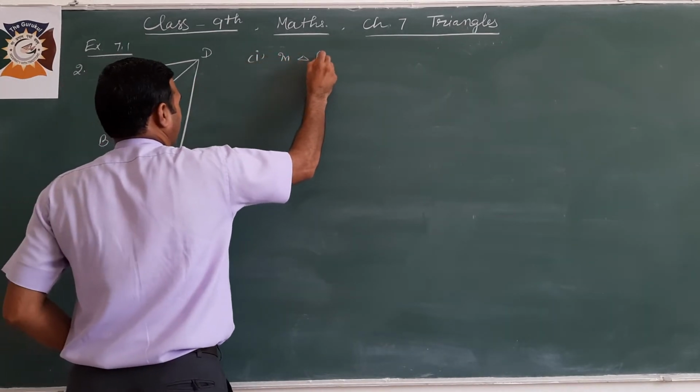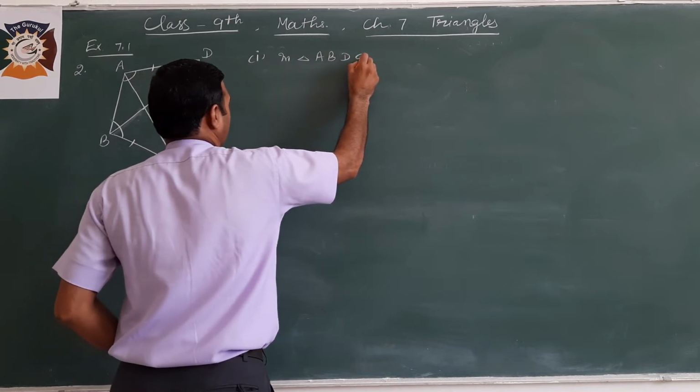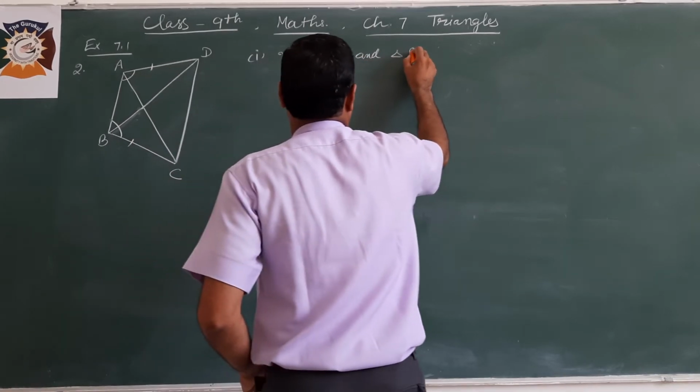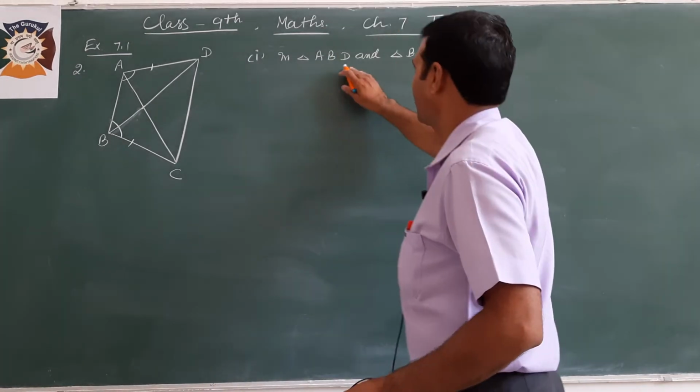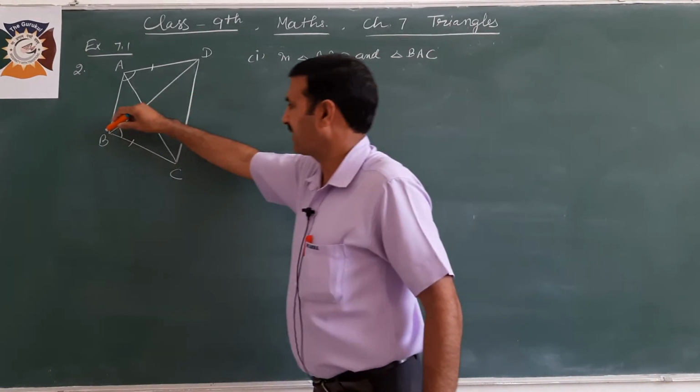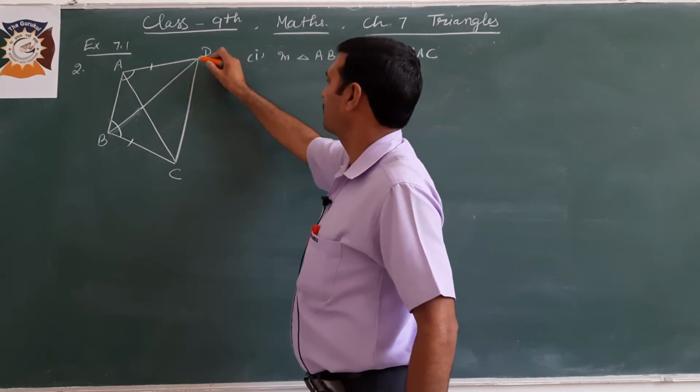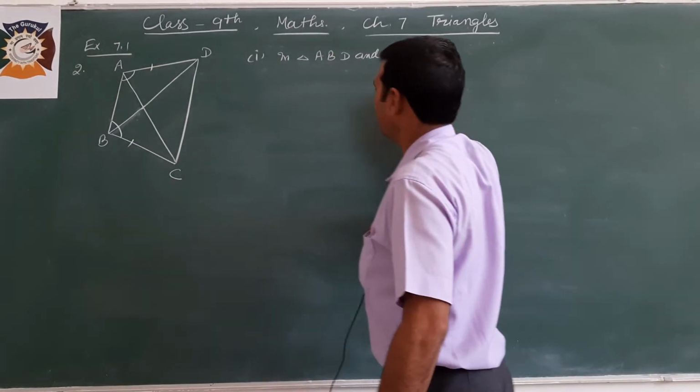In triangle ABD and triangle BAC, we have to prove these two triangles are congruent.